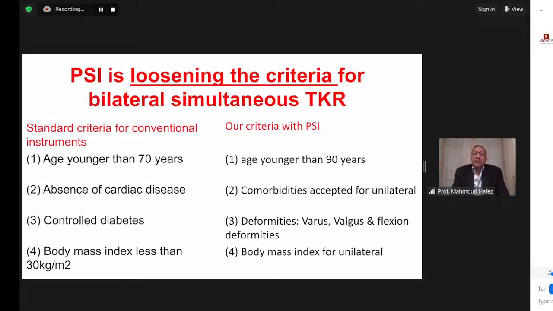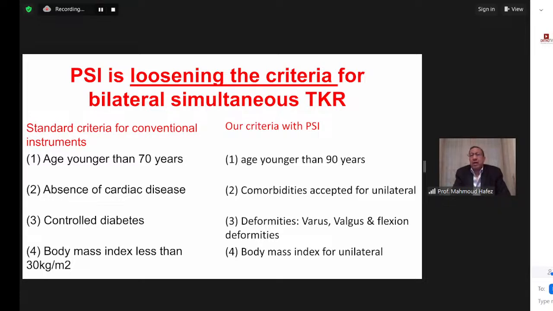So one of the messages here is that PSI can loosen the criteria for bilateral simultaneous TKA. This is an observation that is becoming stronger and stronger, to the extent that we're going to present a paper with this title, PSI loosening the criteria. As you see the criteria on the left-hand side, number 5 is the deformity. So definitely with deformity, no problem with PSI. For the other 4 criteria, we have many patients in their 80s who had bilateral simultaneous PSI, and the results are really good.